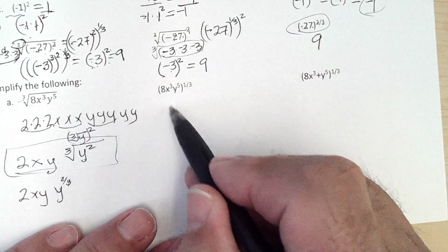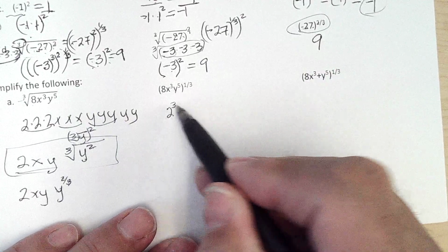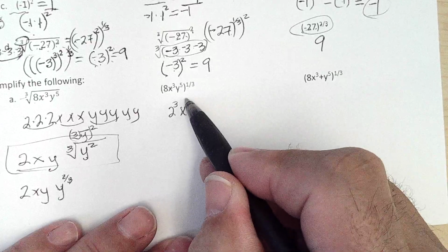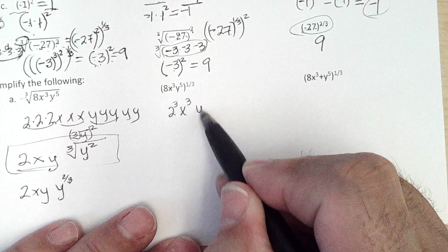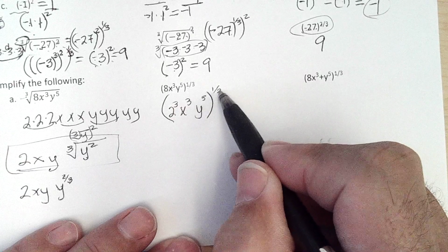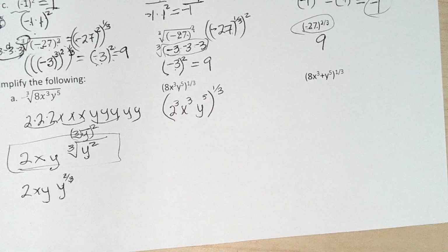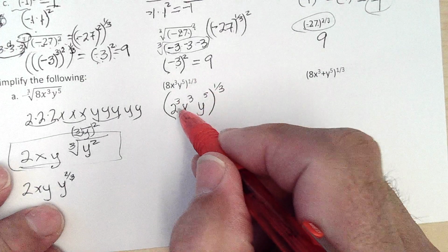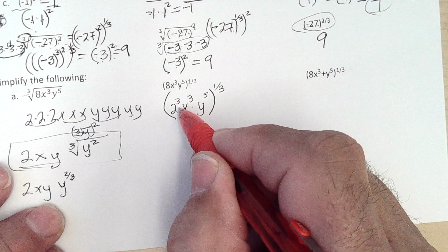So if you think of this 2 as 2 to the third, x to the third, y to the fifth, to the 1/3 power, then if these are all multiplied in here, you can distribute the 1/3.